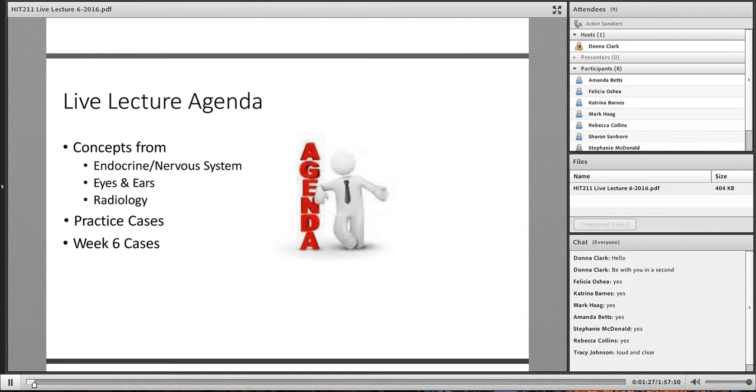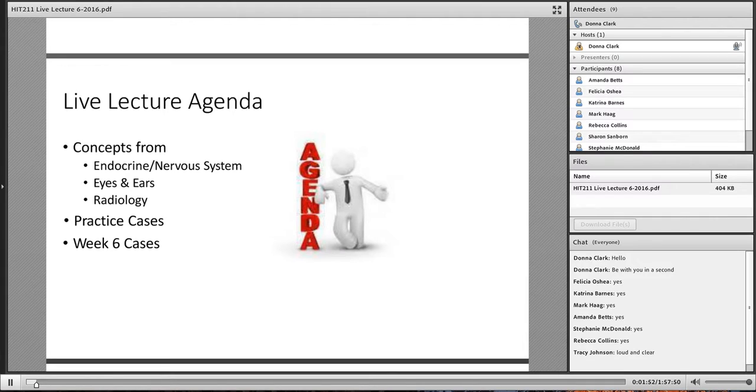Also, just to remind you, the PowerPoint is in the file box, so you can download that and keep it for your records. Use it to practice with. Okay, all right, so let's get going.